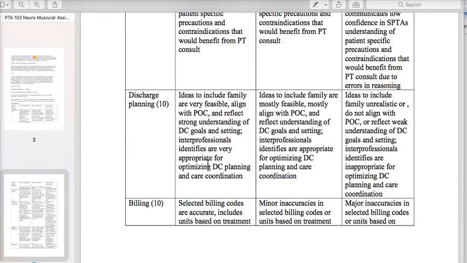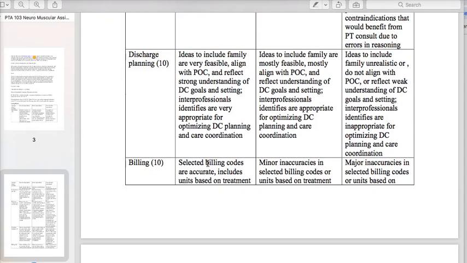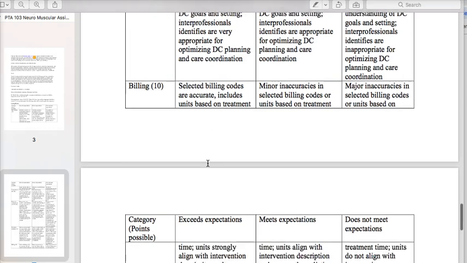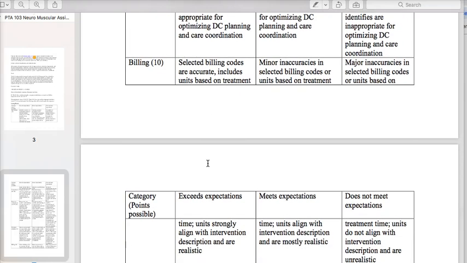identifying those other healthcare professionals and using the information such as the Barthel Index to guide your decision, and projecting what discharge placement MK will be at. Placement meaning the IC or the SNF, home health, or outpatient, and then selecting appropriate codes based on the amount of time you're spending with the patient.